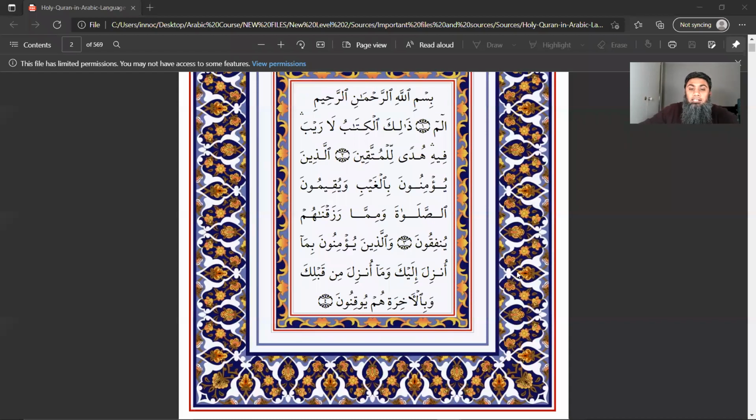I just want to show you something from the Quran, how these things are further playing their role. So once again, let's look at this first page of Suratul Baqarah.